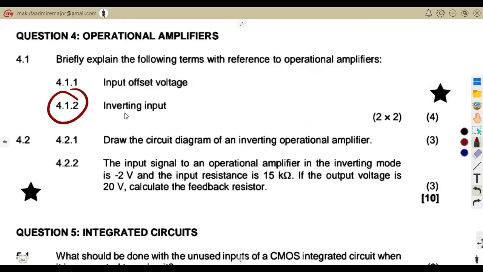Then on 4.12, the inverting input, as we consider, is the terminal which we connect at the negative that has got an antiphase.